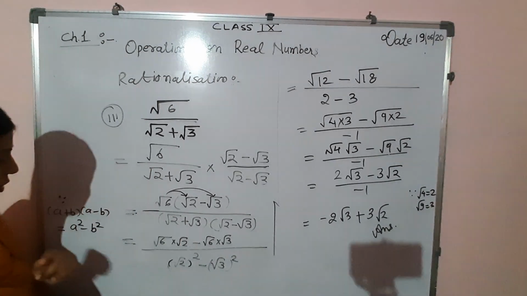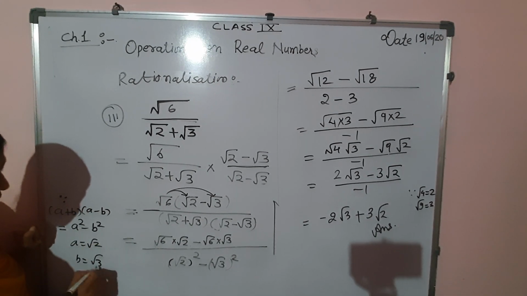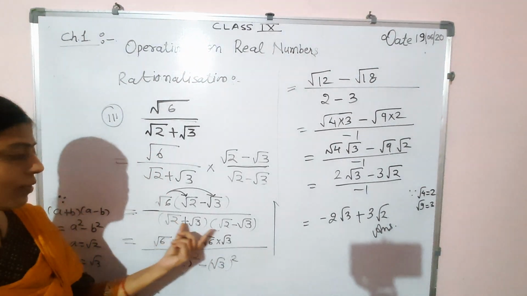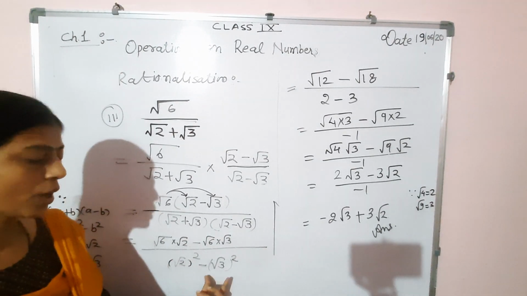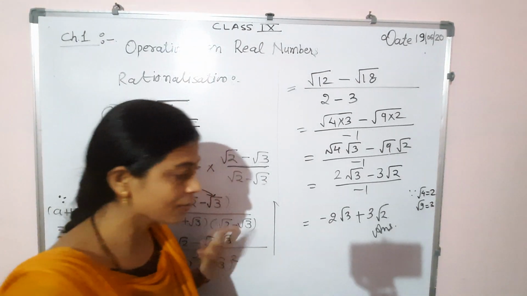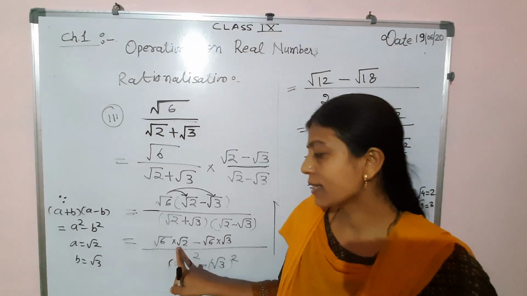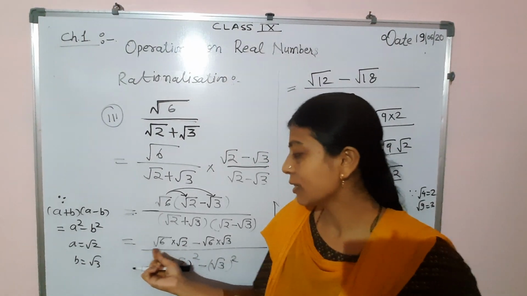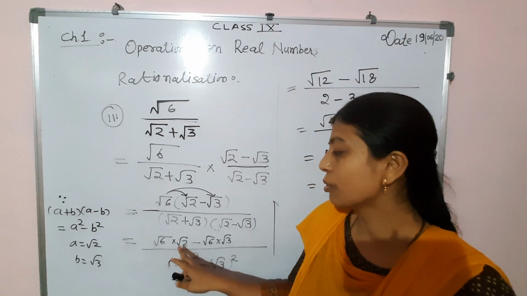What is the value of A here? A is equal to root 2 and B is equal to root 3. So root 2 square minus root 3 square. After this we will multiply the numerator. So root 6 into root 2. I told you that you can't add different root numbers, but we can multiply root 2 and root 6.